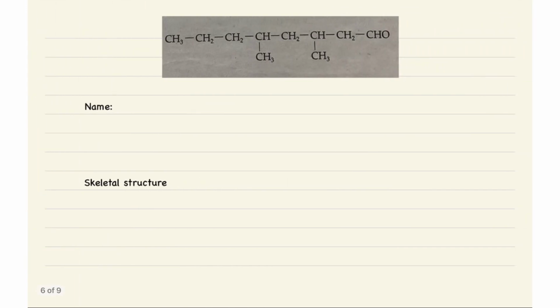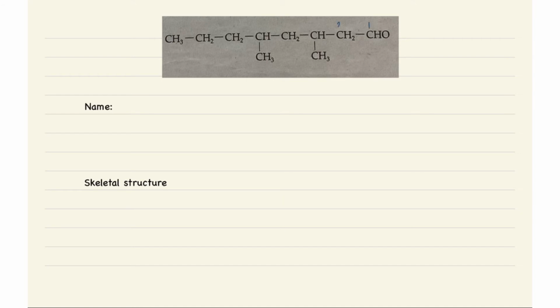Another example. So actually, it's very basic lang. All you have to do is to look for the most number or pinakamaraming number of carbon atoms. So in this figure, halata masyado na yung straight line lang, yun yung ating parent chain. So let's count. We have here, 1. Dito tayo mag-start kasi andito yung ating functional group.